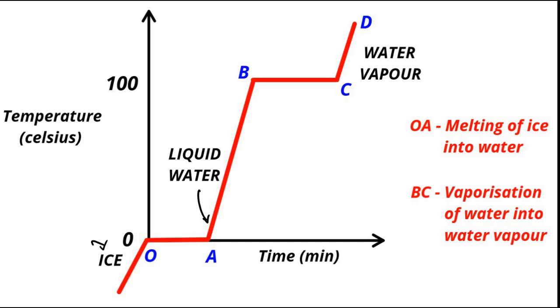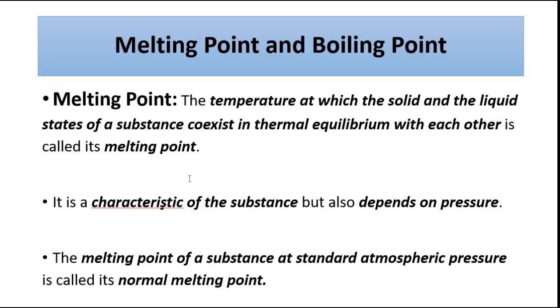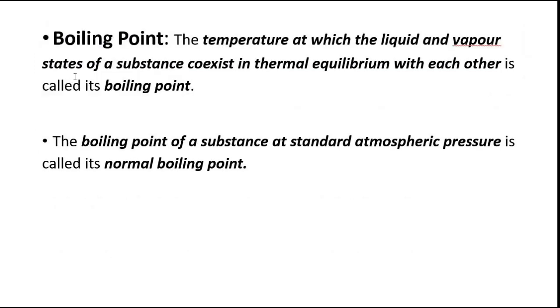That is the definition of melting point. It is a characteristic of the substance, but it is dependent on the pressure. We'll discuss how pressure affects the melting point and also the boiling point. The melting point of a substance at standard atmospheric pressure is called the normal melting point.